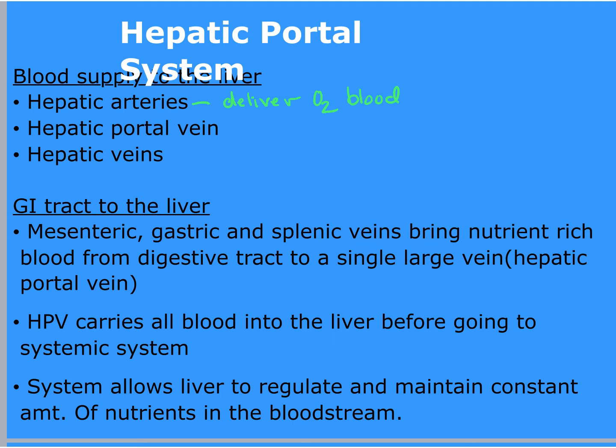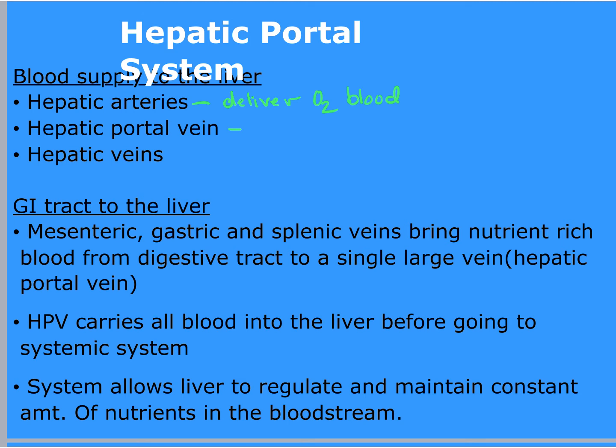The hepatic portal vein and the hepatic veins, they are not carrying oxygenated blood. It's deoxygenated. What those two veins are carrying are blood that either needs to be modified by the liver or blood that has already been modified by the liver. So they're not delivering oxygenated blood. So the hepatocytes need a source of oxygenated blood.